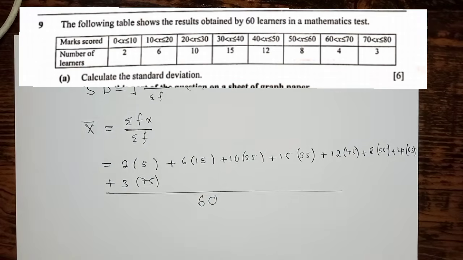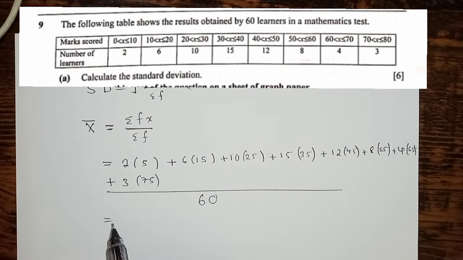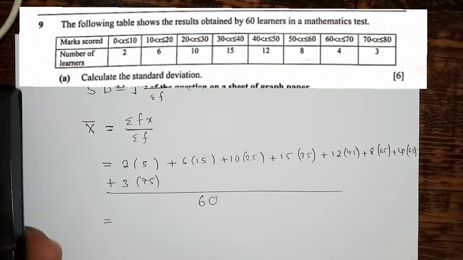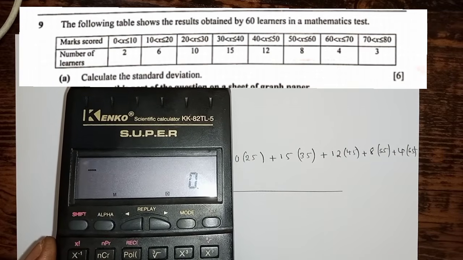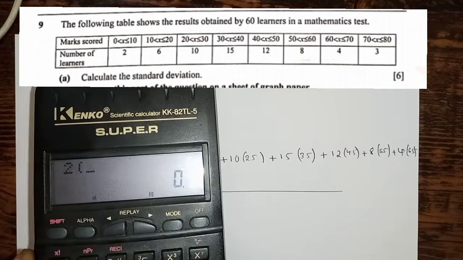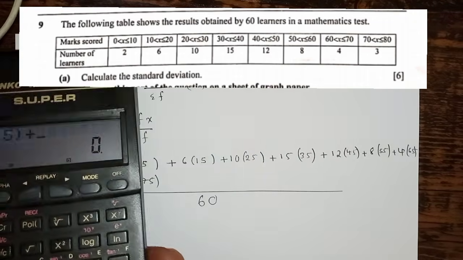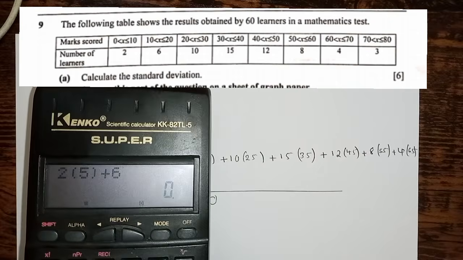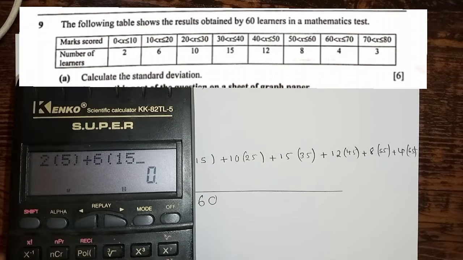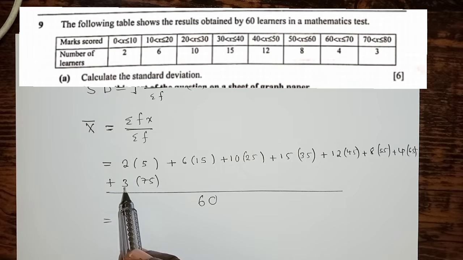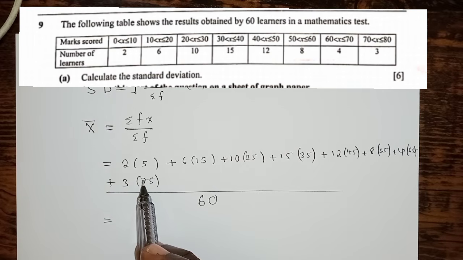So when you punch on your calculator, the easiest way to punch, let me use this calculator because this calculator is common. You just say 2 open bracket 5 plus what else? It's 6 open 15 close, just like that. Throughout you put up to 3 open bracket 75.